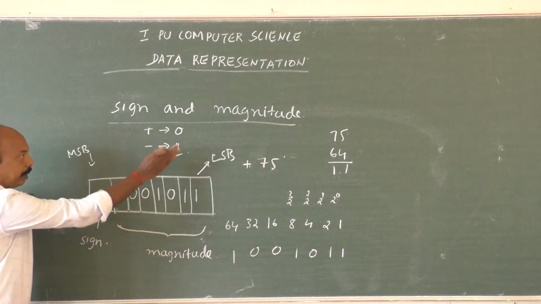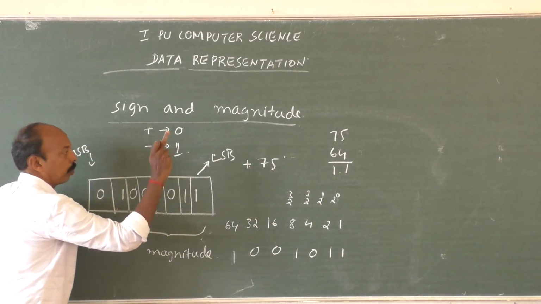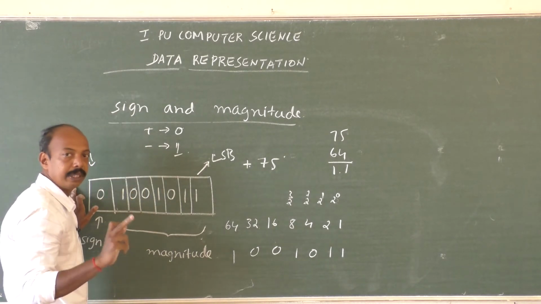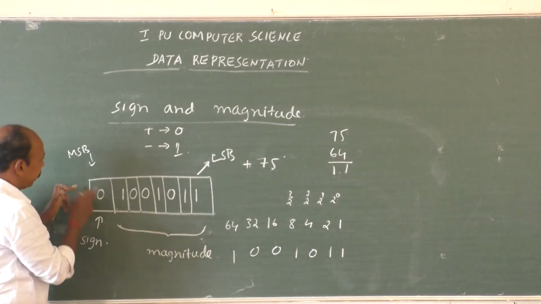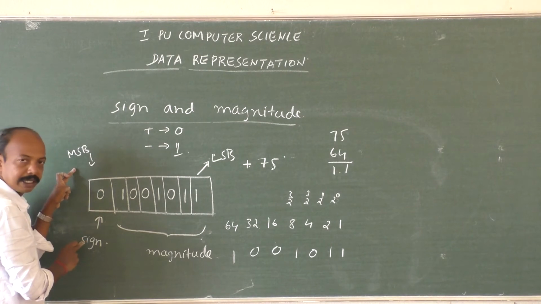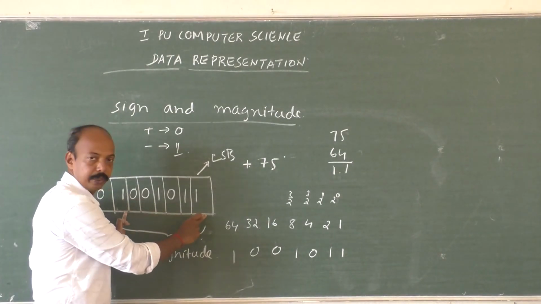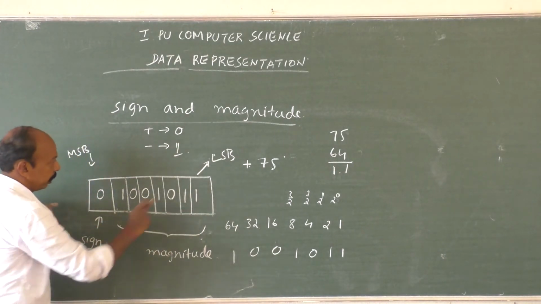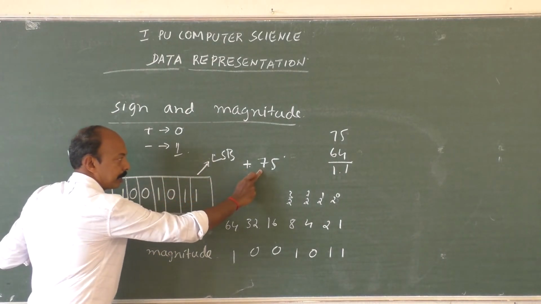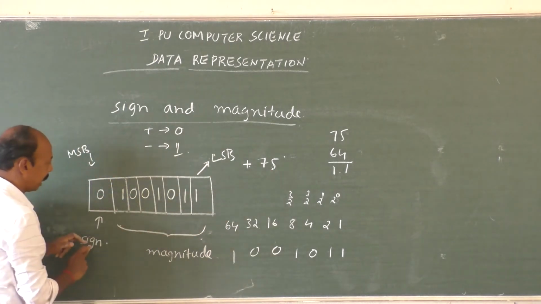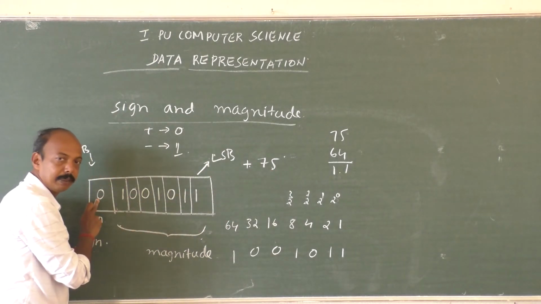With respect to sign and magnitude, with respect to 1 byte, that's 8 bits, the MSB is used to represent the sign. Other 7 bits are used to represent the magnitude. So if you want to represent plus 75, the sign bit will be 0, that is the MSB will be 0.